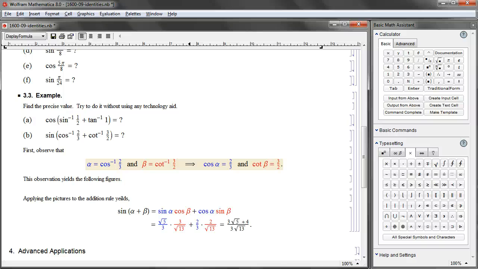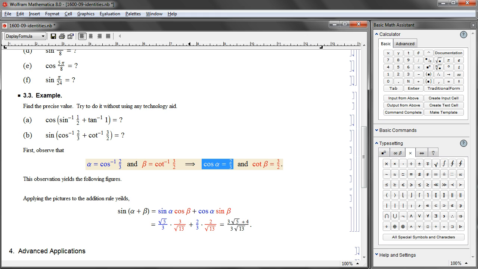Now, how do they help us? Well, calculators or any other means to find what alpha is or what beta is precisely, that kind of direction will not help you because it's impossible. But it is possible to find the other trig values of alpha and beta precisely if you use pictures. Cosine of alpha is 2/3.